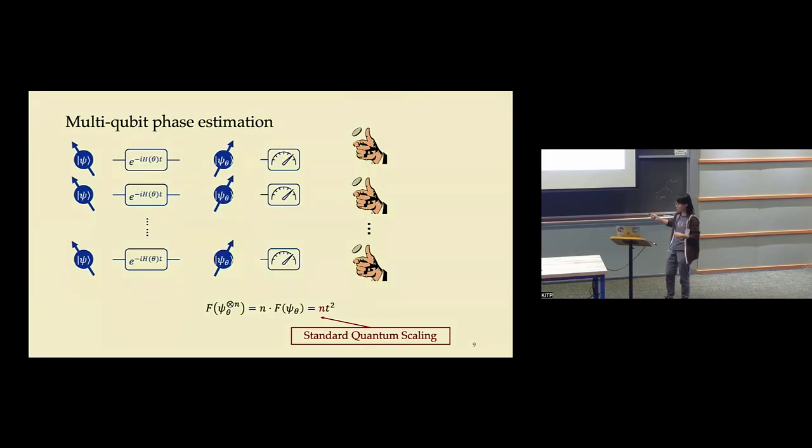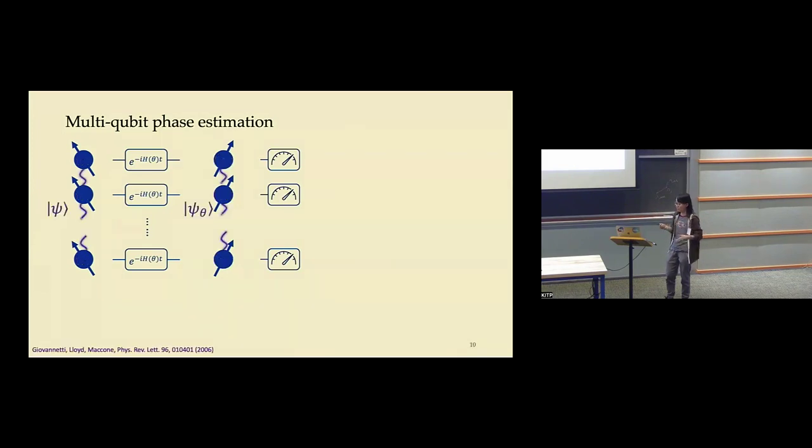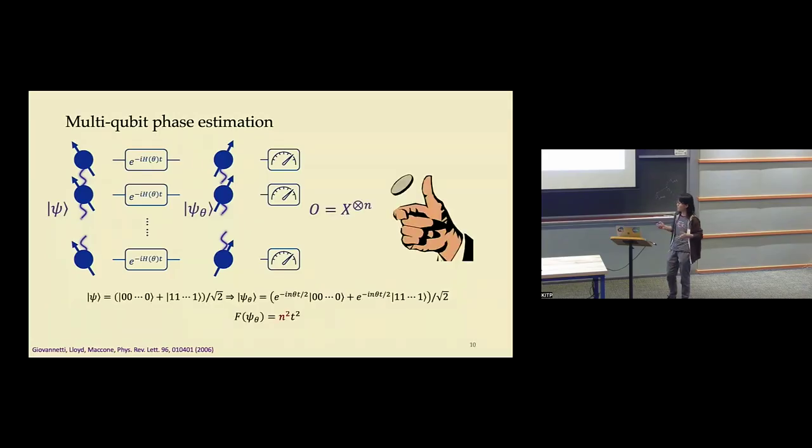So it is linear in n, and it can actually be overcome if you have an entangled input state, which is shown on this slide. In this case, I no longer have a product input state, and I'm allowed to use an entangled input state over n qubits. In this situation, I'm going to use the GHZ state, which is actually the optimal input state you can use.